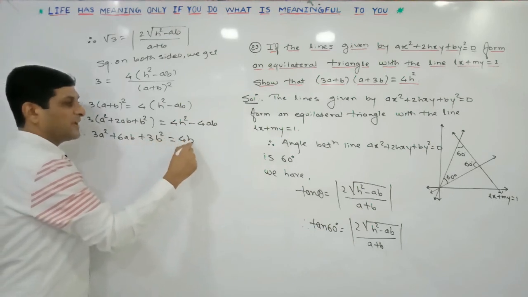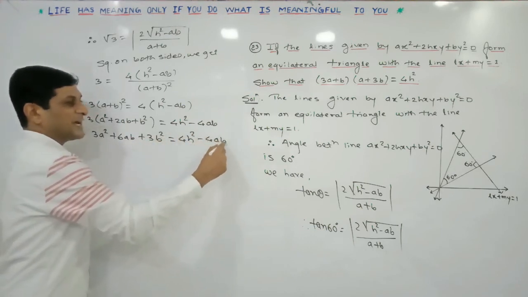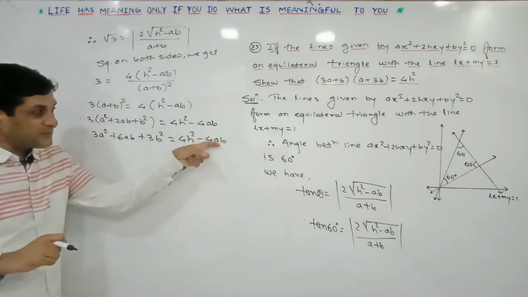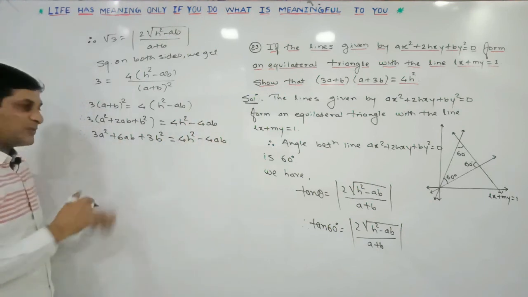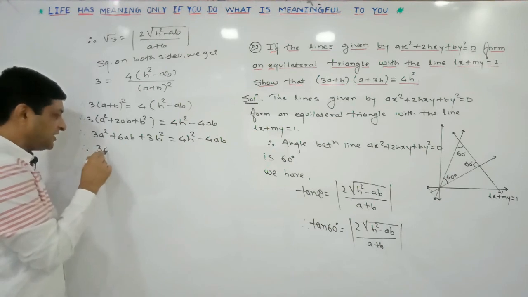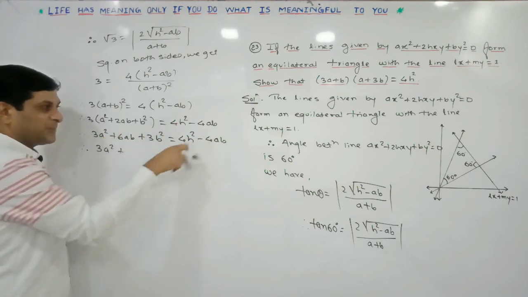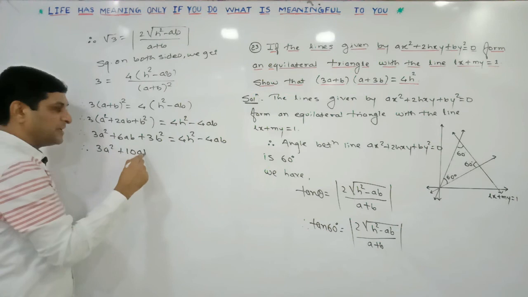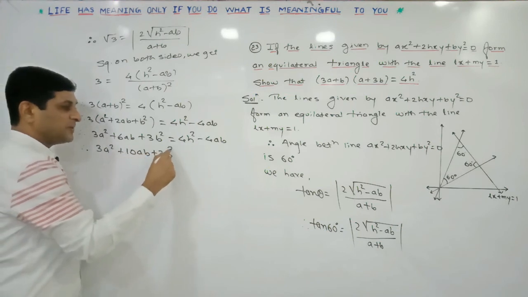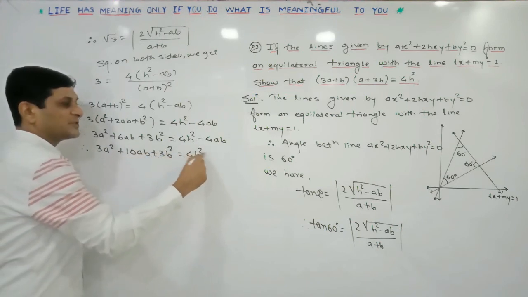On this side 4h² − 4ab. Minus 4ab on this side becomes plus 4ab. So we get 3a² + 10ab + 3b² = 4h².